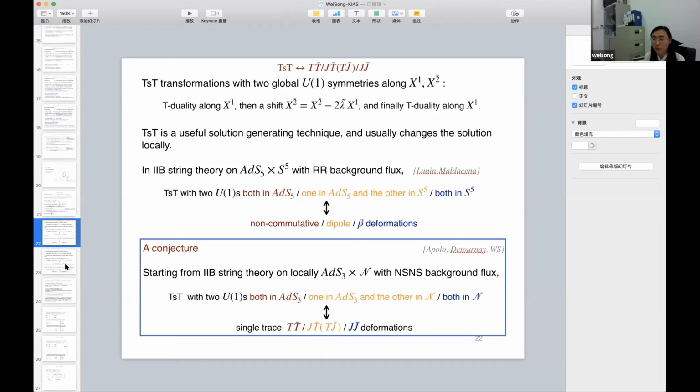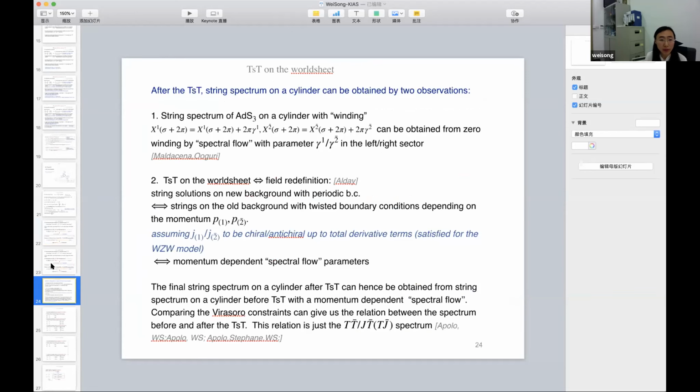Now we'd like to give some evidence why this is true. The first evidence comes from the spectrum. Because we are performing TsT on the string worldsheet, this actually helps us to derive the spectrum very easily. The main idea is the following.